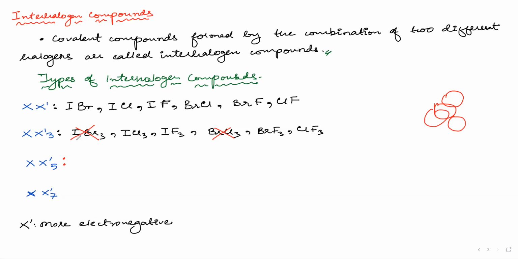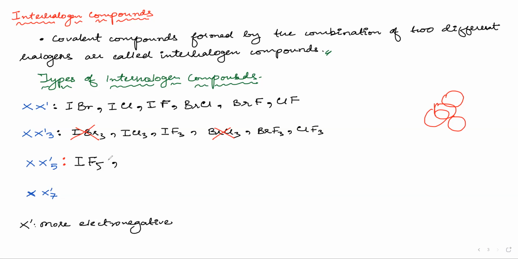Okay, now in the next case, while you are having XX'5, if iodine cannot accommodate 3 bromines, the question of 5 bromines cannot be asked, right? So obviously it cannot accommodate 5 bromines also. So we will directly start from IF5. ICl5 also cannot be made, because again it's 5 chlorine atoms around the iodine.